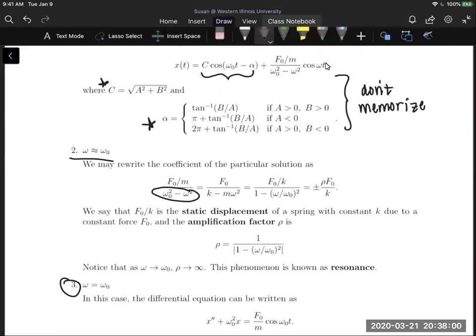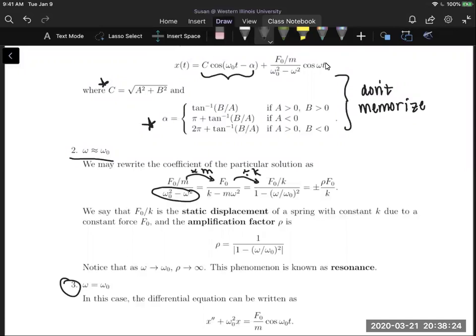And so there's a series of manipulations here. First, they're multiplying through by m, and then they're dividing by k, and then finally rewriting the constant with a rho there. And they talk about the static displacement and the amplification factor.